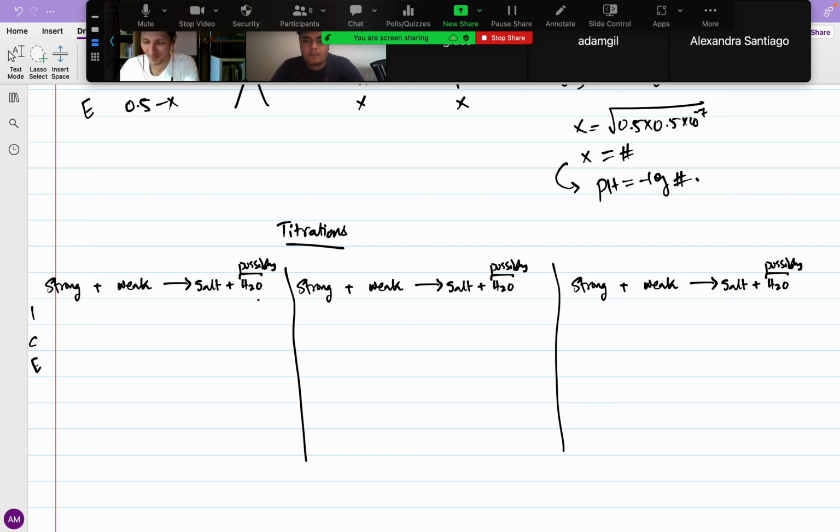You can either have, first case, more of the strong species, so big number here, and a little bit of the weak, right? So this is the case where the strong dominates, the strong is more than weak. Or you can have the flip version, little bit of the strong, a lot of the weak, or you can have them in exactly equal amounts.